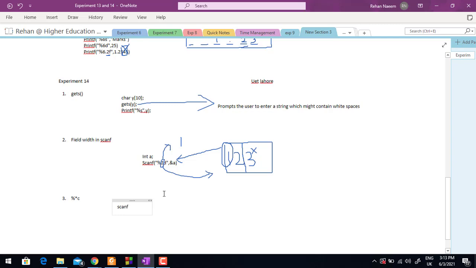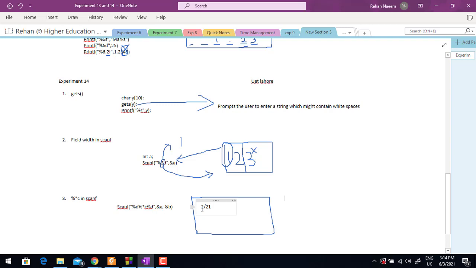So if I write scanf("%d%*c%d", &a, &b), and the input which I will enter is 2/21.